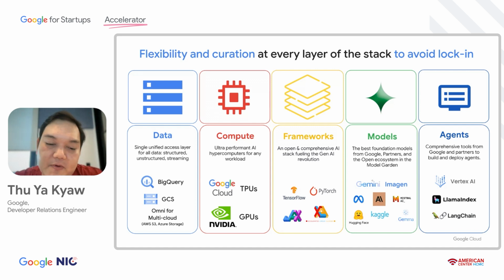Can the model support things like controlled generation or function calling? If those models don't support that, it's very hard to integrate them with the downstream tasks. And if I've already chosen one, can I switch to a different model if I need to? So, no lock-in and things like that.